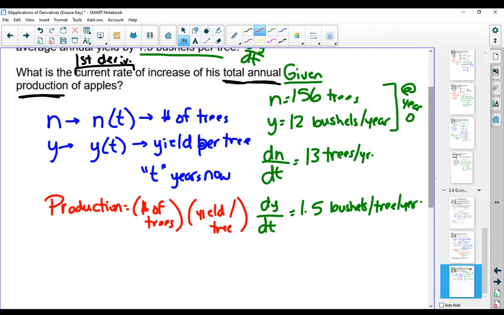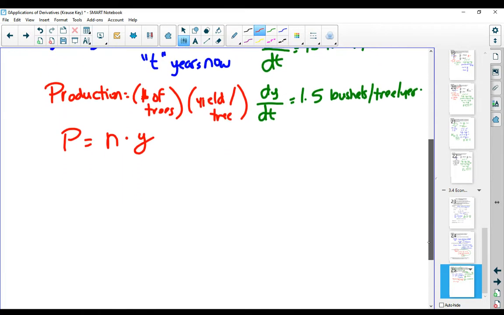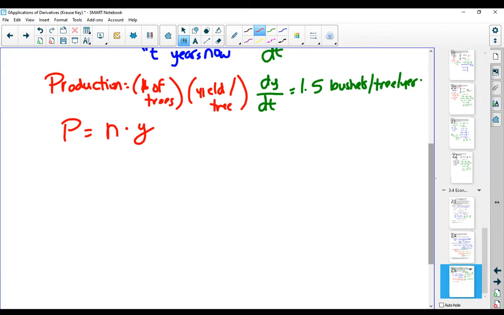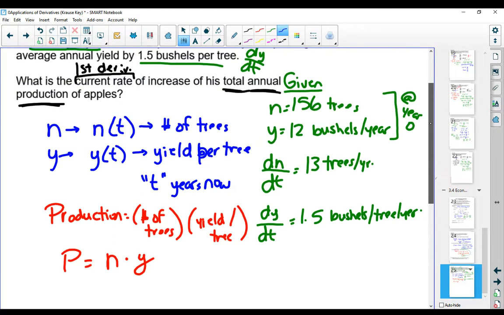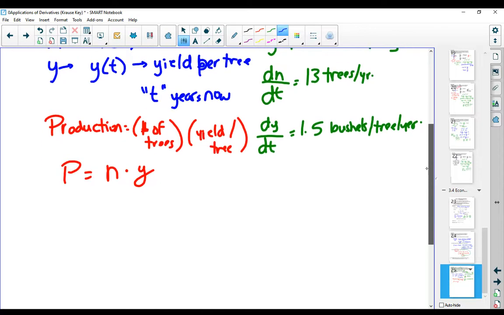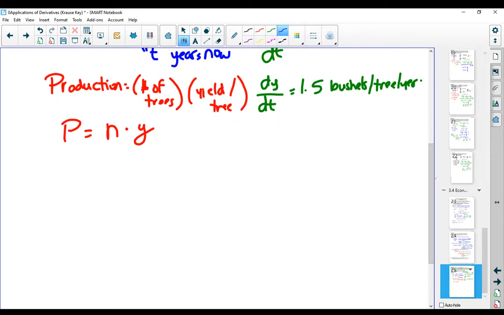In other words, P is going to equal N times Y. So before we even start plugging in numbers, we need to take the derivative because we're asked for the current rate. In other words, we want the derivative. So we're doing implicit differentiation again.